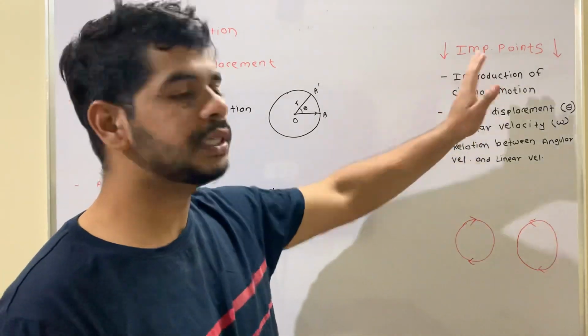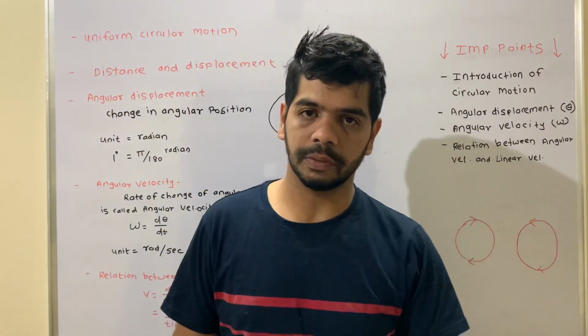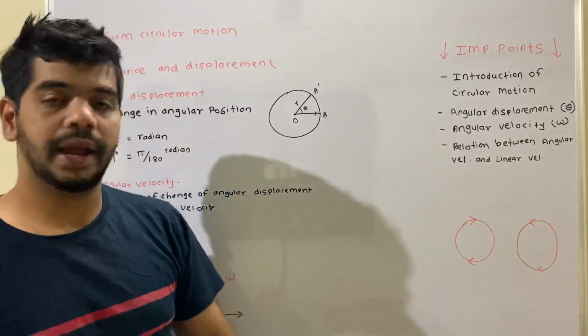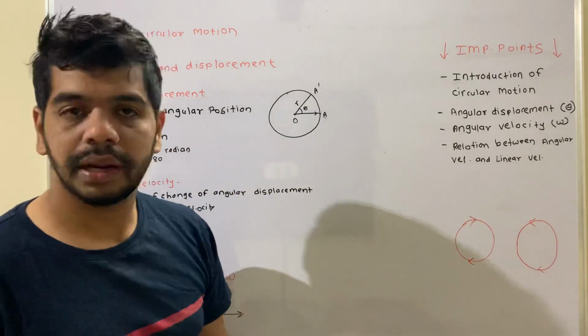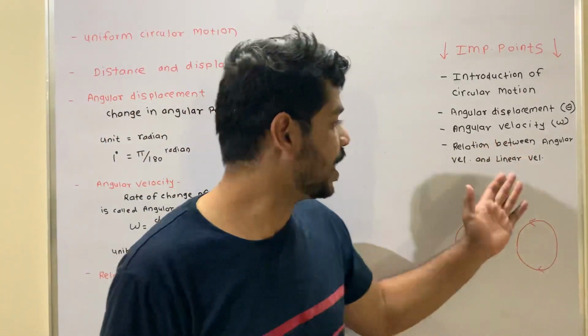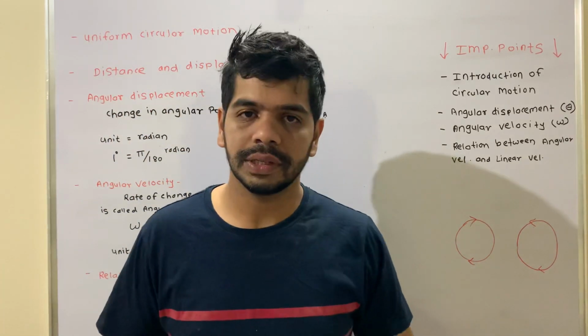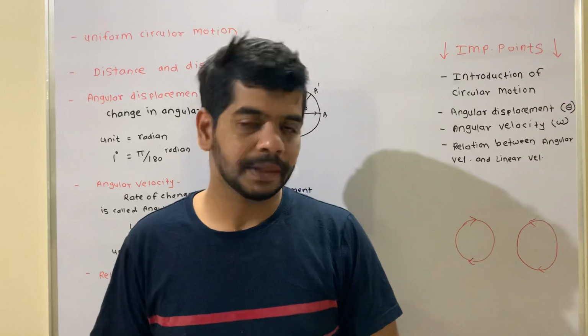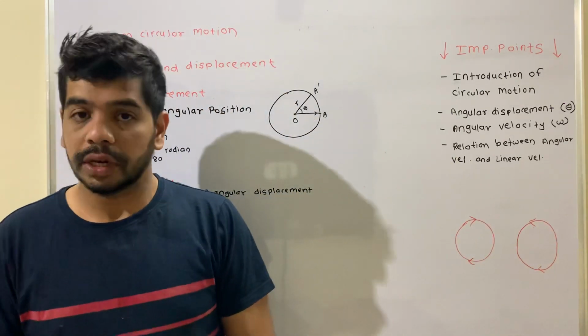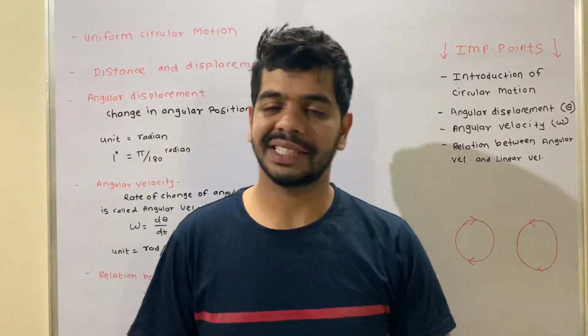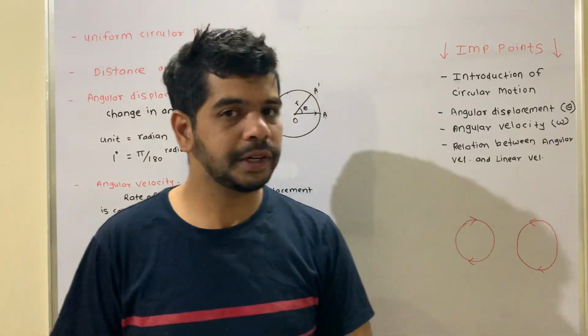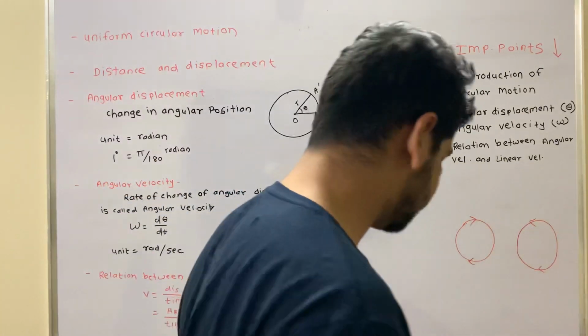First point is introduction about the circular motion. Second one, angular displacement. Third one, angular velocity. And last one, what is the relation between the linear velocity that we know, which is denoted by v, and angular velocity. So without wasting our time, let's start with our first point, circular motion.